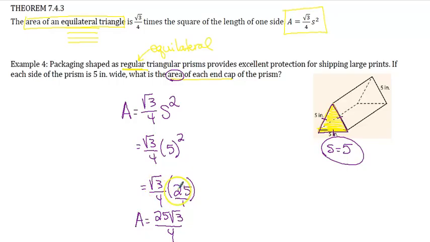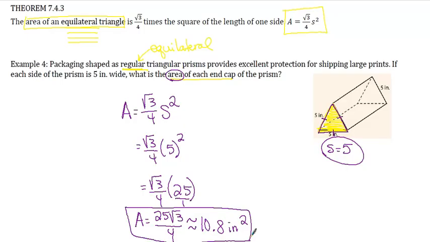So we just do the square root of 3 times 25, but we always put our whole number first, and then the number with the radical comes after. And then it's still over 4. Again, we can do a decimal approximation, so you can use your calculator, and you can find that the area here is approximately 10.8 inches square. And it's square because it is the area.